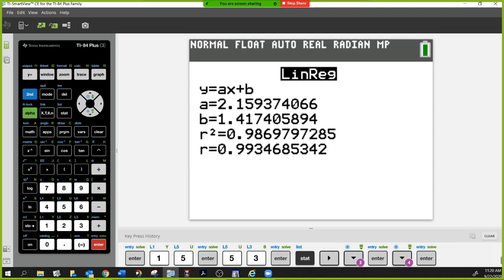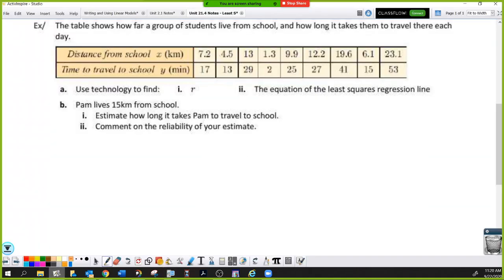So our R value this time to 3 sig figs is 0.993. And I'll just go ahead and write those 2 decimals down for our regression line. R is about 0.993.